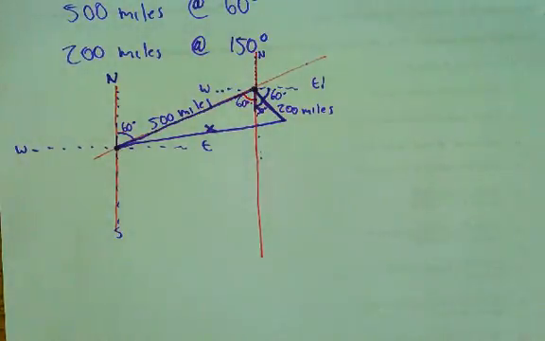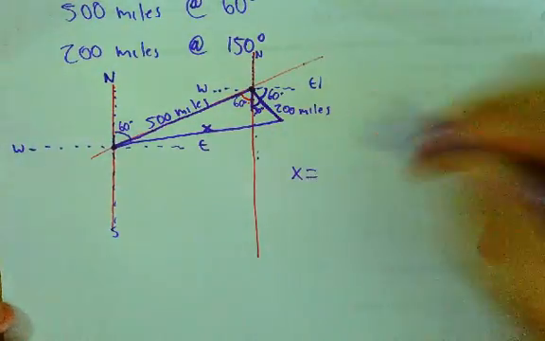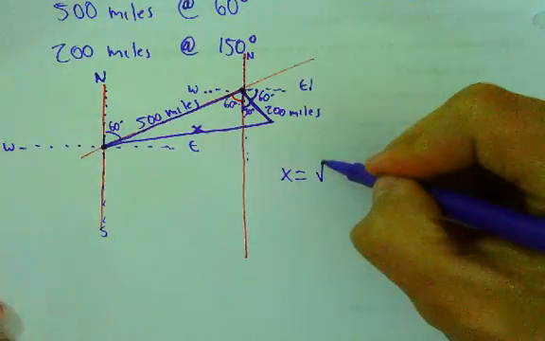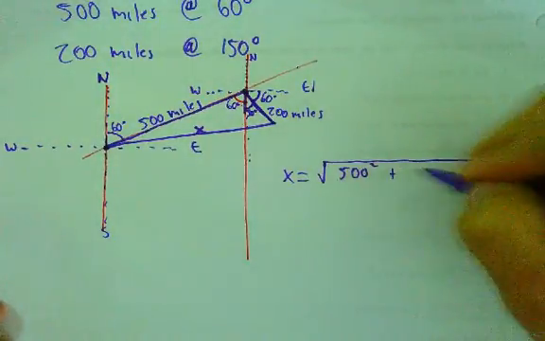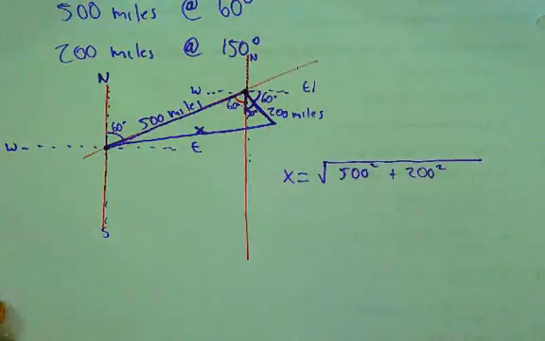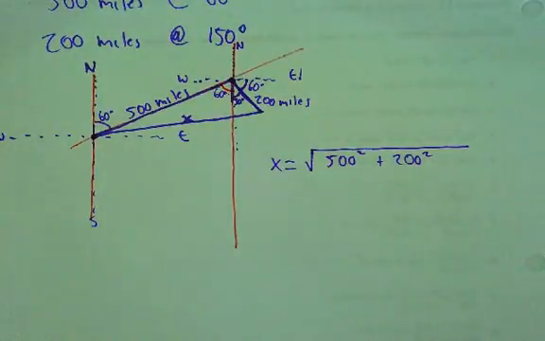So, x equals the square root of 500 squared plus 200 squared. Do you guys understand why I'm taking the square root here, right? I'm just skipping a few steps. A squared plus B squared equals C squared, right?